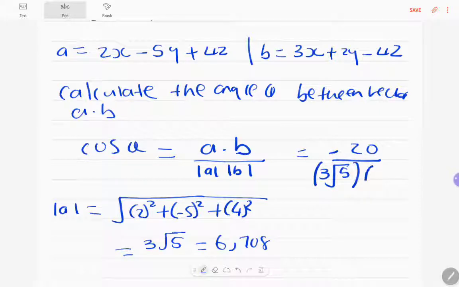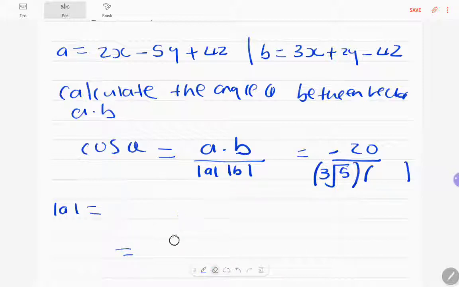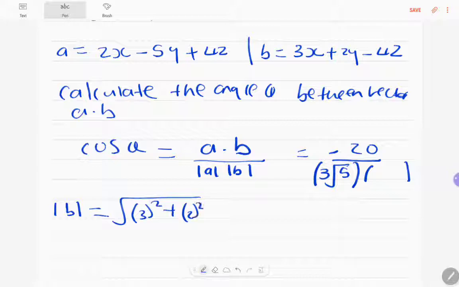I have to multiply now by the magnitude of B. Let us find the magnitude of B. The magnitude of B is the root of 3 squared plus 2 squared plus minus 4 squared. Then we punch our calculator.